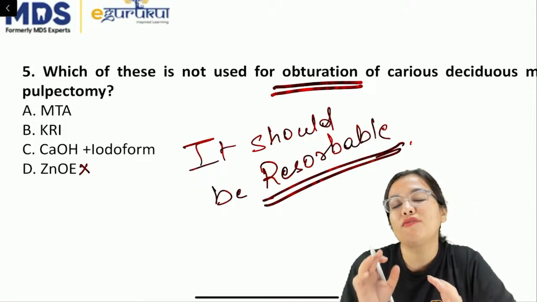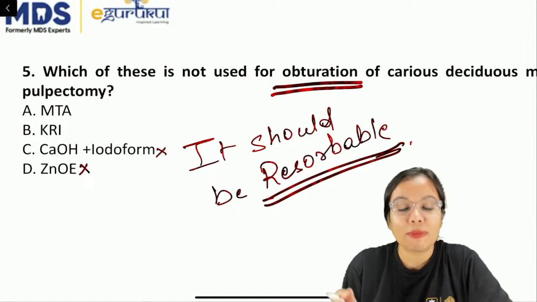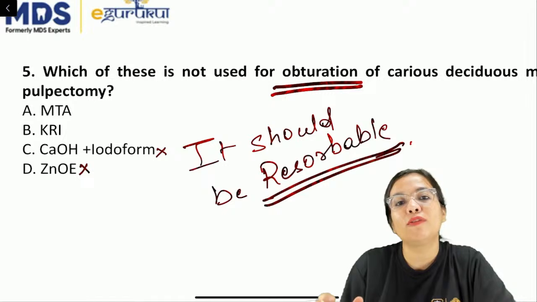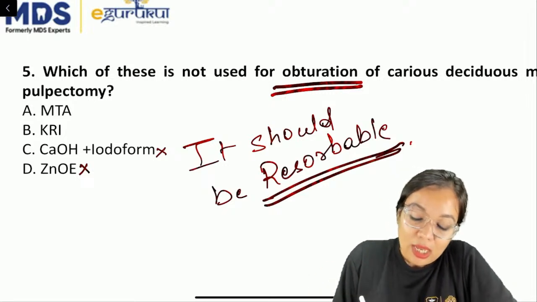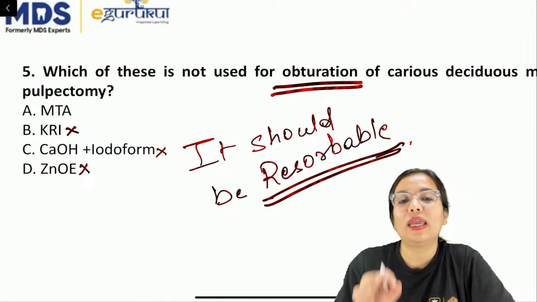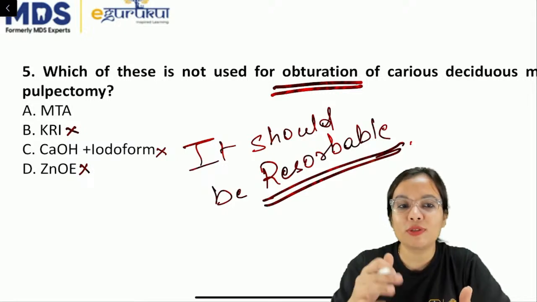Okay, so now the options that are given, the zinc oxide eugenol is not the answer because it resorbs on itself and it is a very commonly used obturating material. Same is calcium hydroxide plus iodoform, which is available in the form of Metapex. It is also an excellent obturating material. KRI paste is also an excellent material that can be used for obturation. It also resorbs with time.